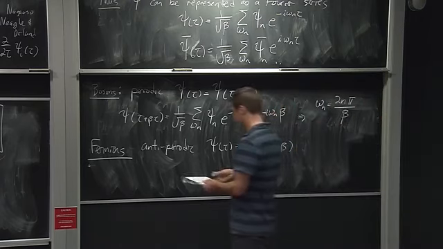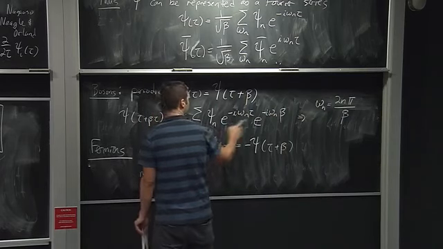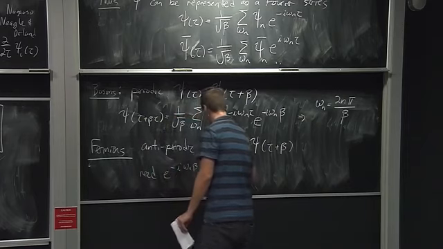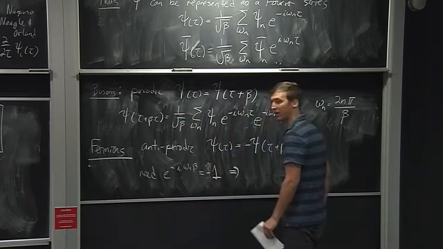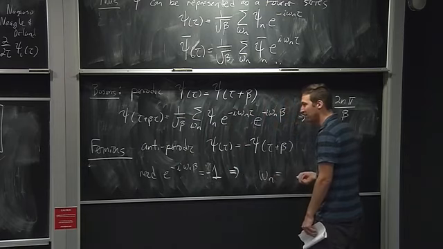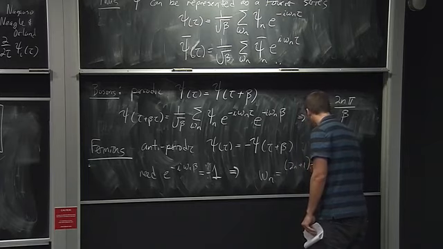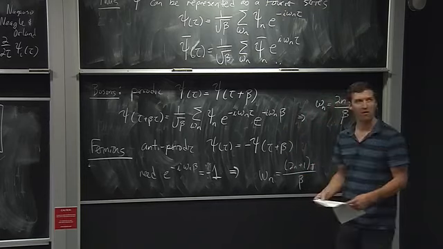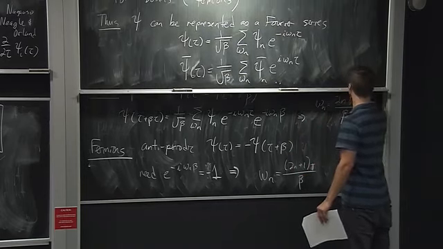Then the same thing: your e to the minus i omega n beta has to equal minus 1. That implies your frequencies can't be 2n pi over beta, they're 2n plus 1 times pi over beta. So those two things are your Matsubara frequencies.